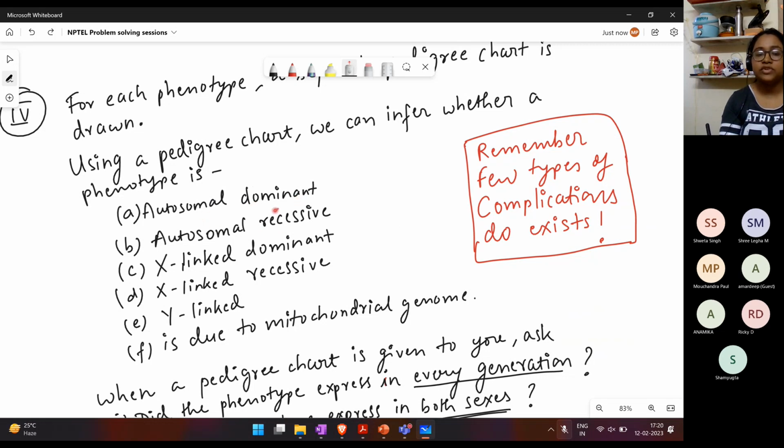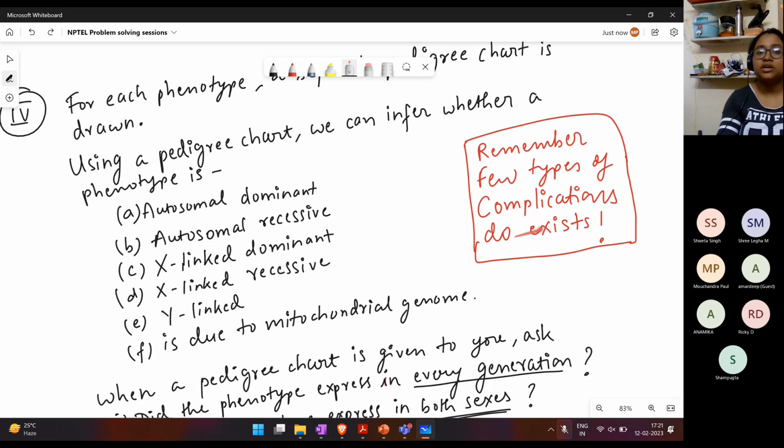So we can say autosomal dominant, or autosomal recessive, or whether that gene is related to the sex chromosomes, X or Y chromosomes, and also whether that gene is expressing dominantly or recessively. Also, we can guess whether that gene is present in the mitochondrial genome, which is different from the genetic material present in the nucleus. Mitochondria have their own DNA.